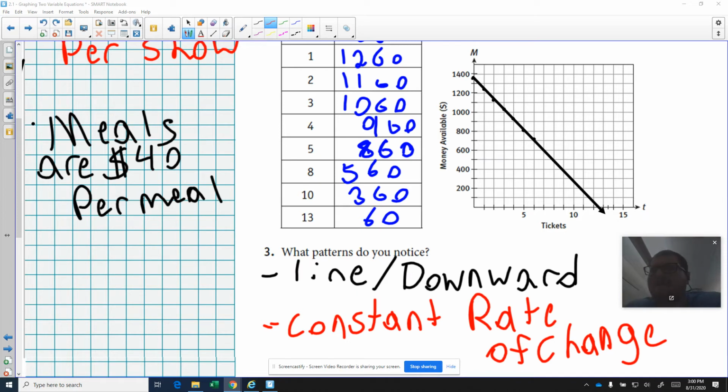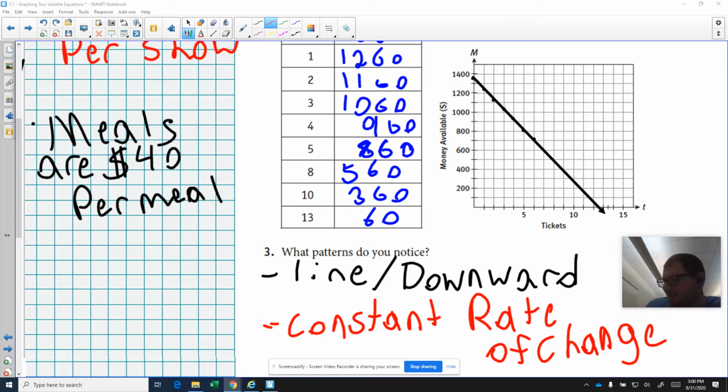We have to take into account that having a constant rate of change creates these line-shaped graphs. If I'm going up or down by the same amount each time, that means each point that I select or the next point that I plot is going to go down or up at that same rate. This is why it creates a line.